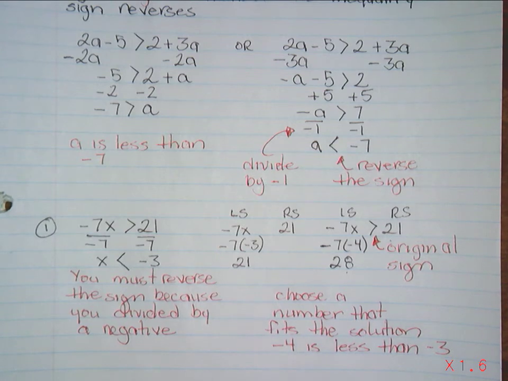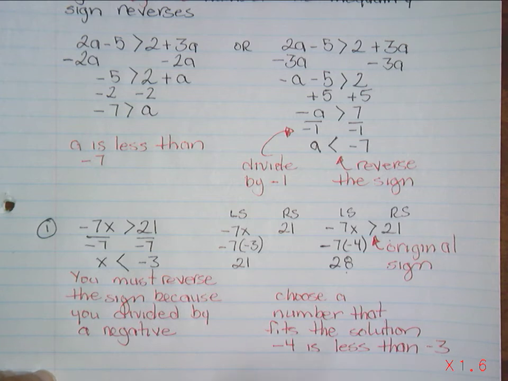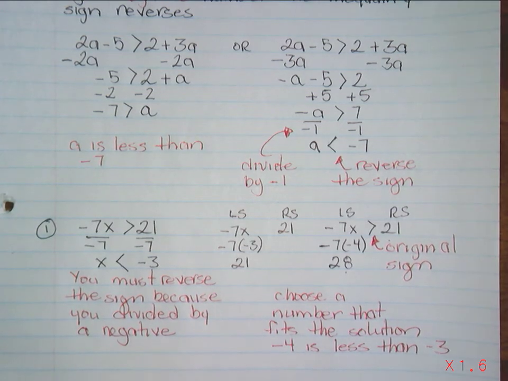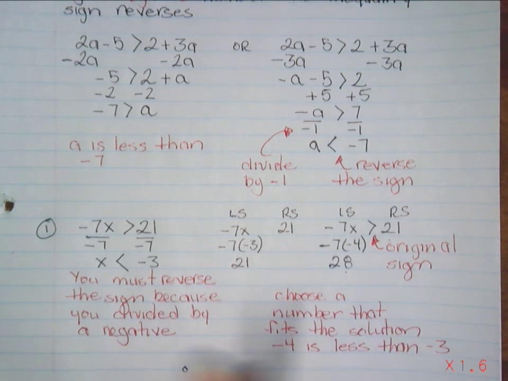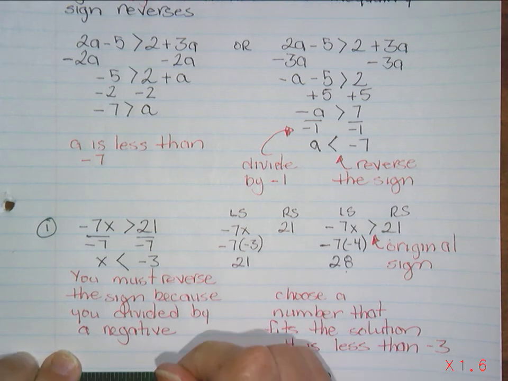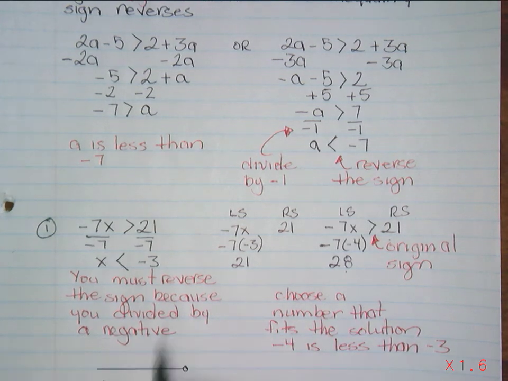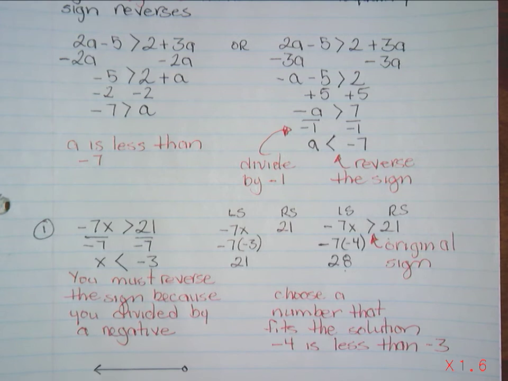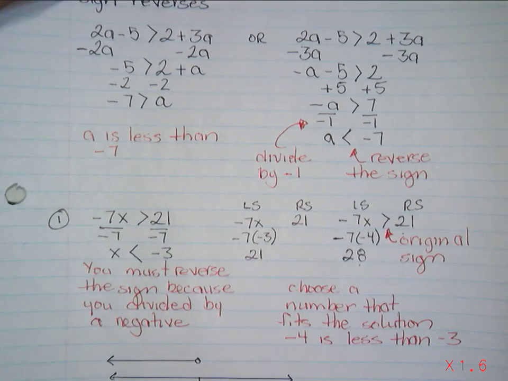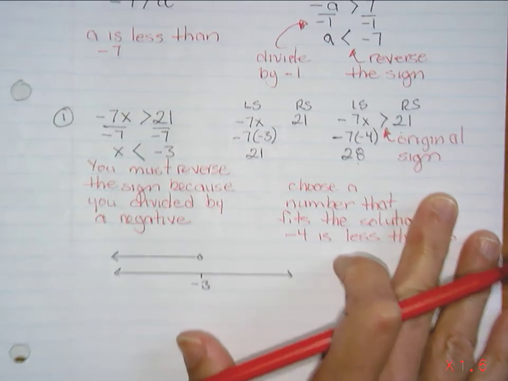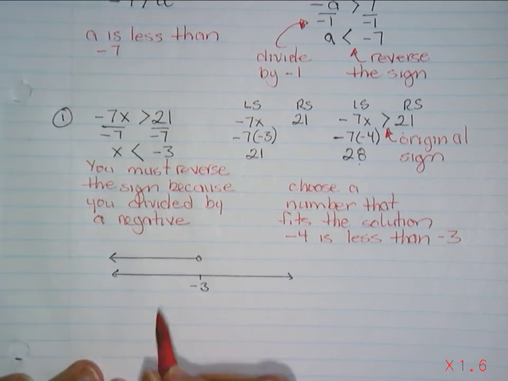Are you graphing the equation or the solution? You're graphing the solution. So the starting point you checked was negative 3. It's an open circle. X is less than negative 3. And again, I made a mistake and you couldn't see it, but now you can see it.